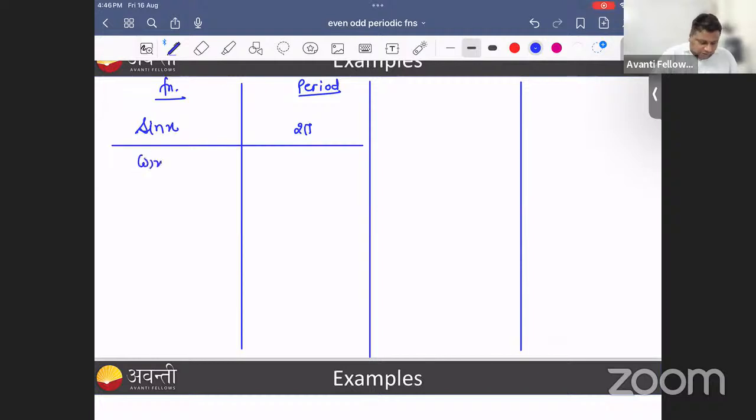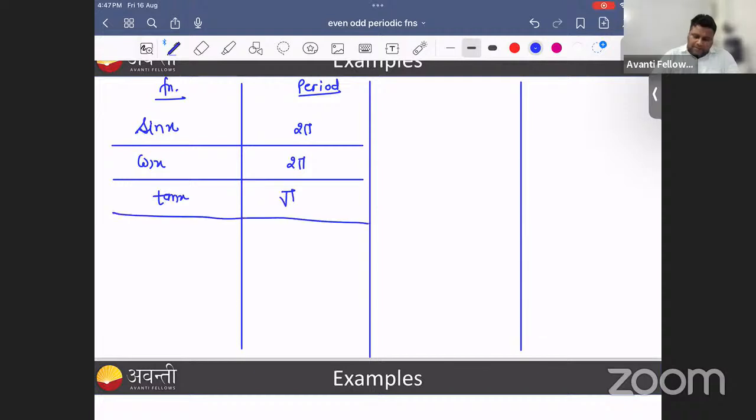Then there comes cos x. Cos x is again periodic with period 2 pi. Then there comes tan x. Tan x is periodic with a period of pi. If you draw all their graphs, you will realize it very soon. You can get their graphs in any book, but mark my words, remembering their graph is very necessary.